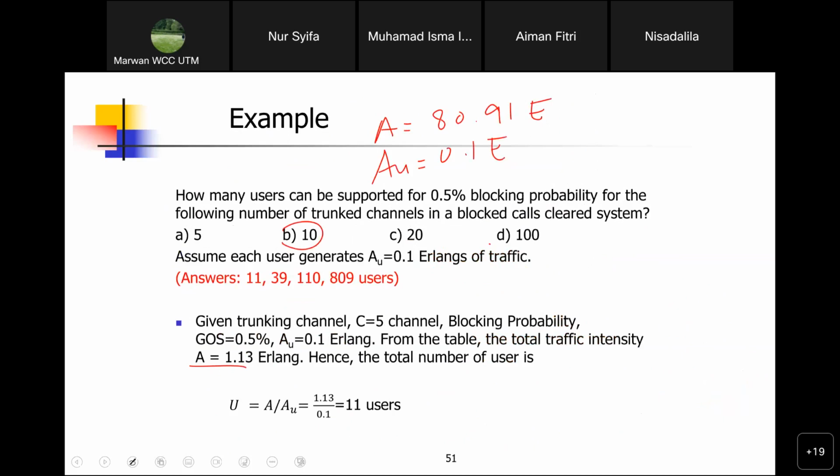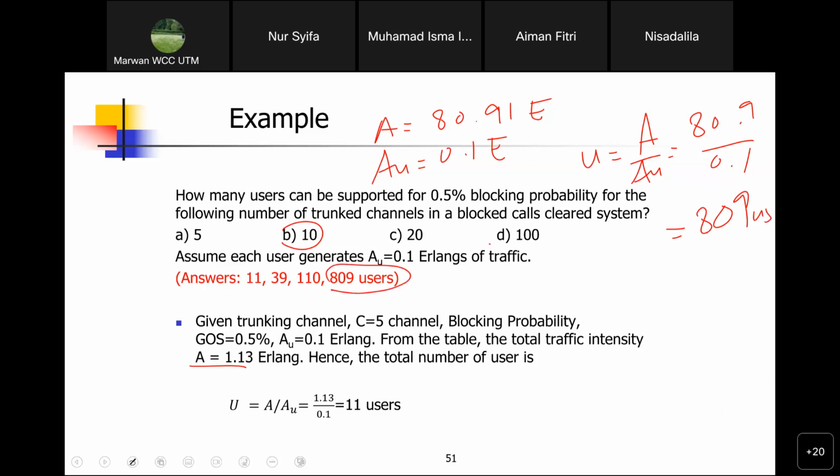So the number of users is A divided by AU: 80.91 divided by 0.1 gives you around 809 users. That is why you get this answer.